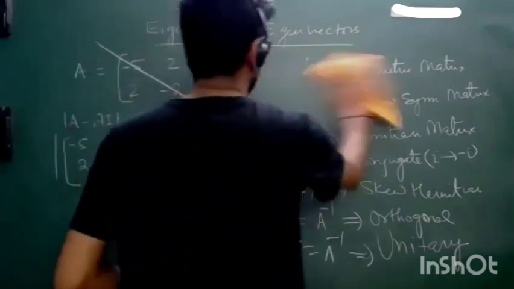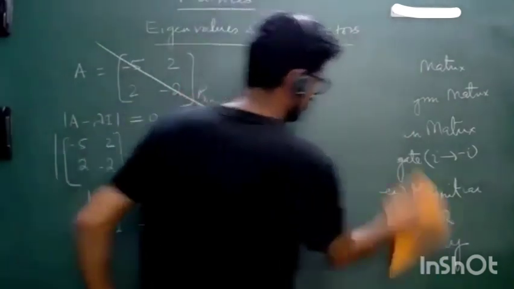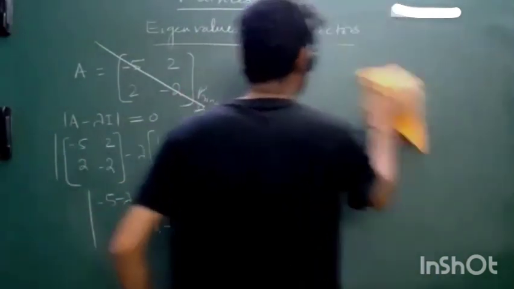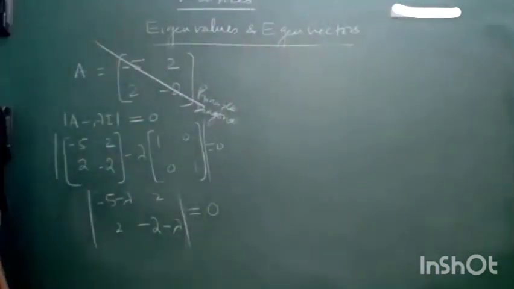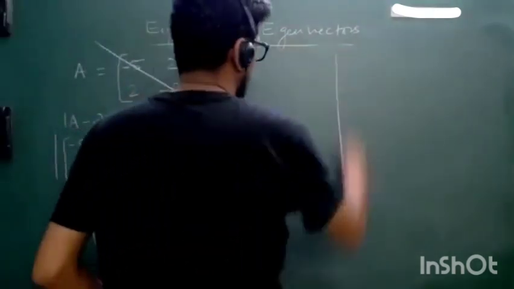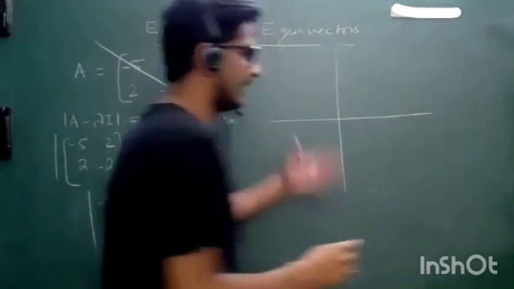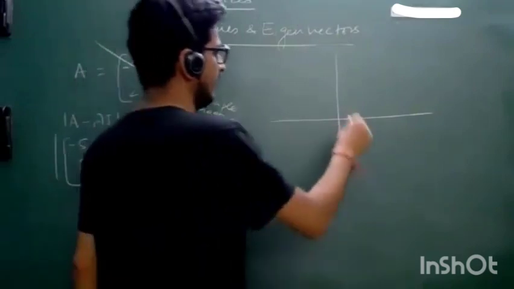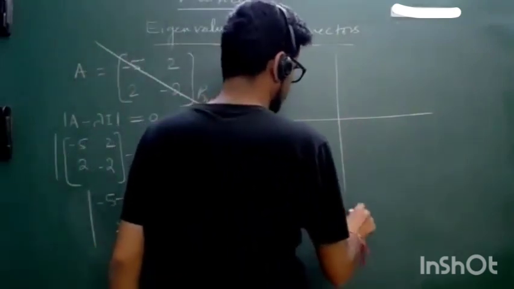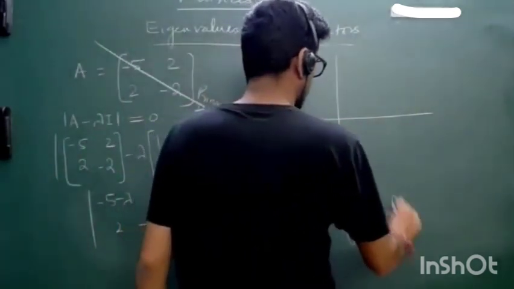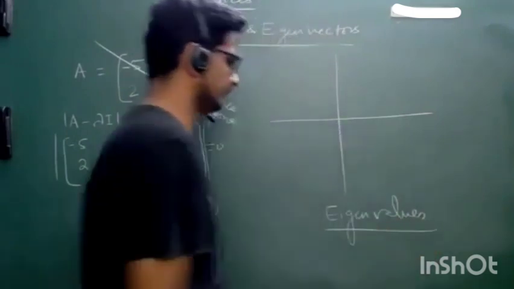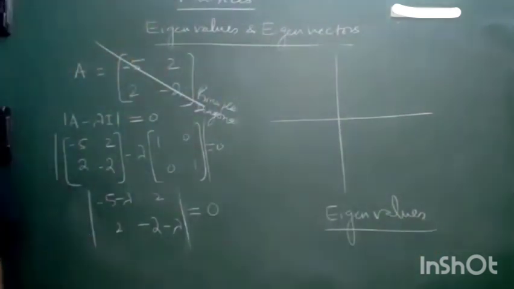So coming back to our matrix, this is a diagram. This is argand plane actually, and this is for eigenvalues.